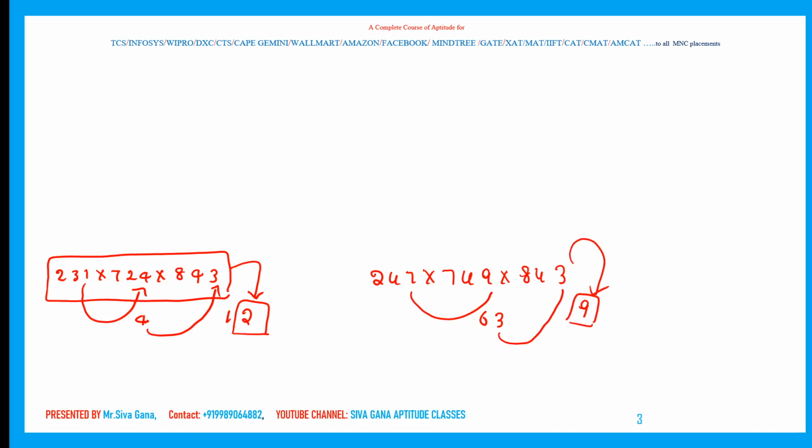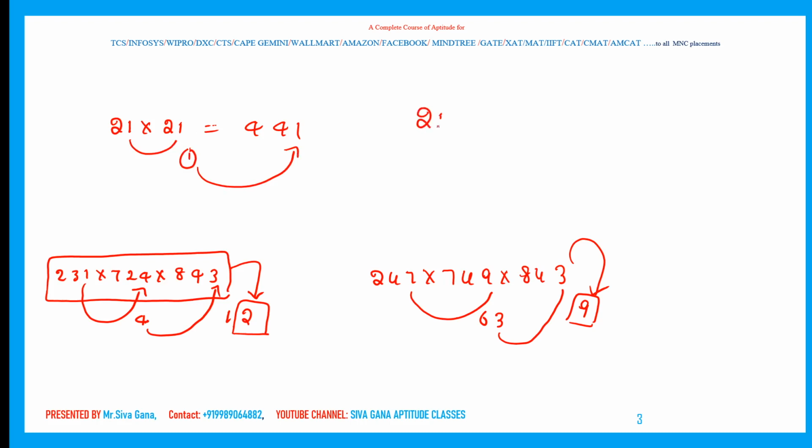Now from these two examples, what is the clarification? For calculating unit digit, it is enough to consider unit digit in the question. For example, 21 into 21, which is nothing but 441. 1 into 1 is nothing but 1. Here also unit digit is 1.